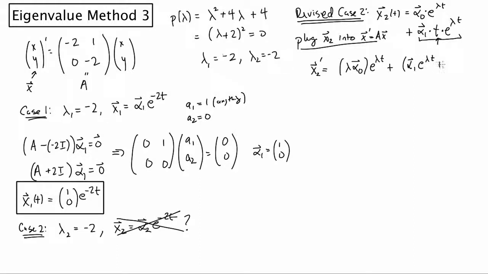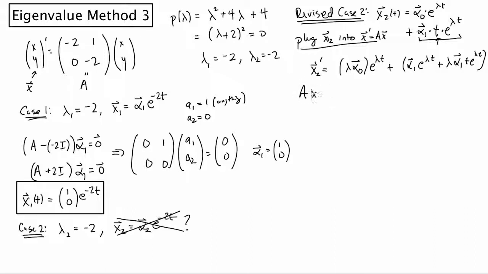And then the derivative of e to the lambda t gives lambda alpha 1 t e to the lambda t. So that would be x2 prime.